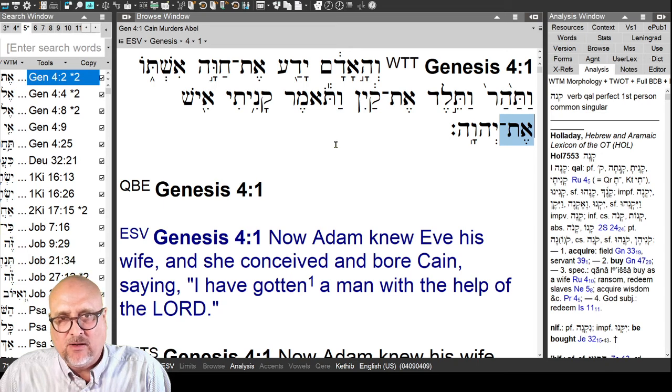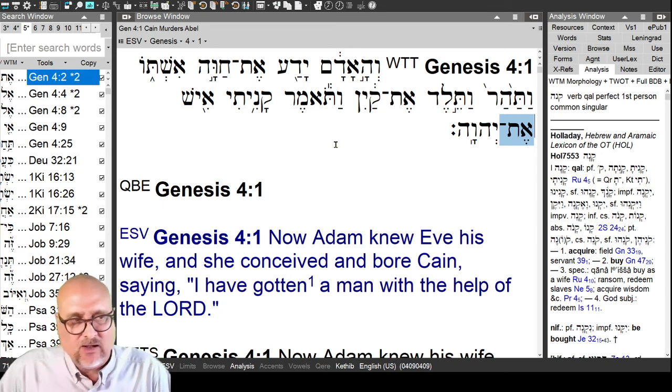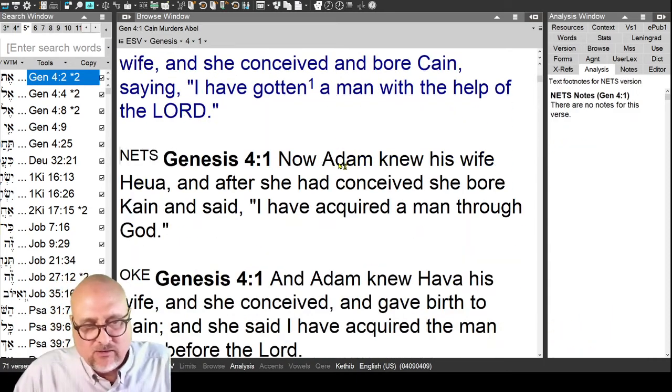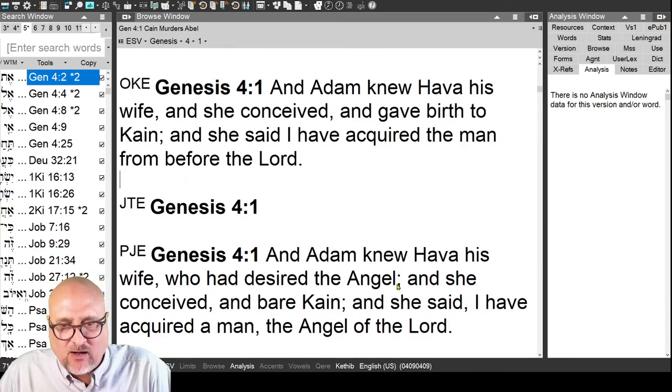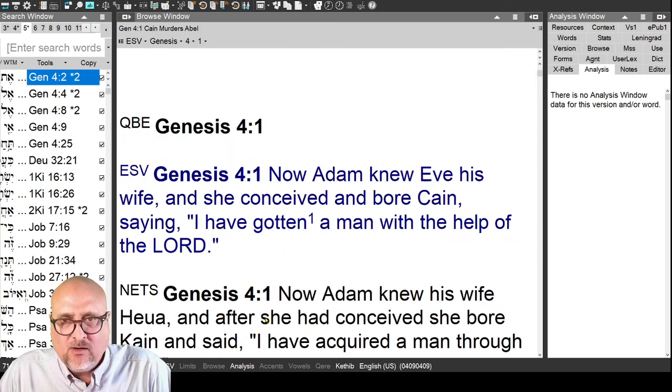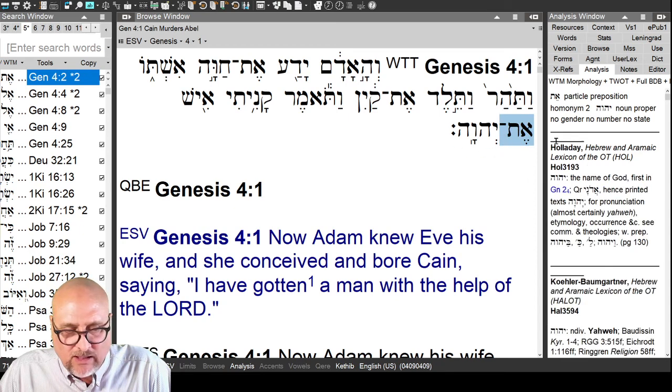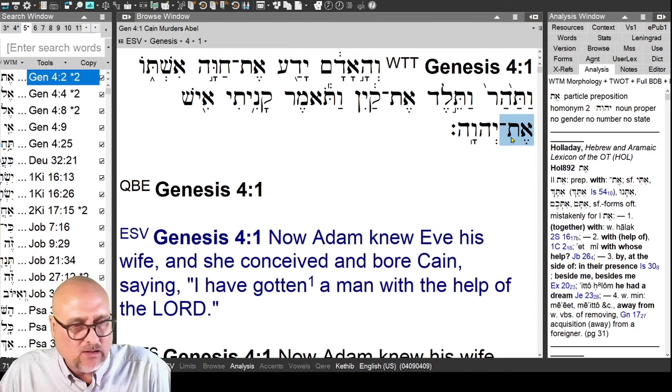Eve, at best, thinks that Cain's the one, and she may be thinking Cain's almost the earthly presence of God. I mean, Pseudo-Jonathan is reading it that way. He's just interpreting this as a perfectly valid way to read it, as a definite direct object marker.